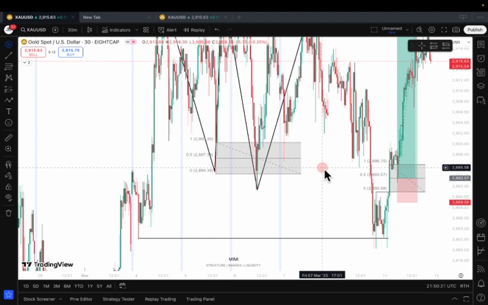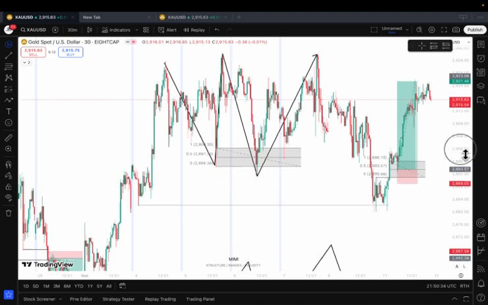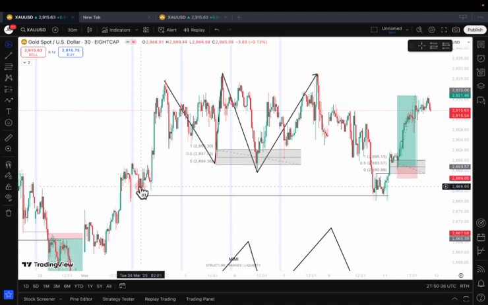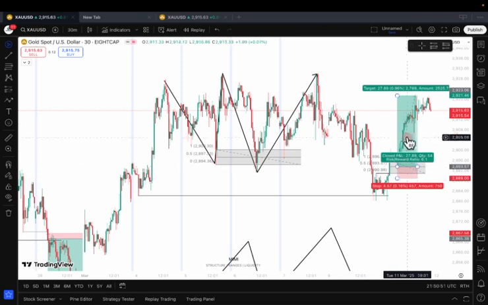I use mitigation block. I use reclaim block. I don't use SBI, but I look out for it. If price taps on it, I use mitigation block to continue, or if it's a pair that should respect, like gold, that can respect mitigation block, I use mitigation block as well.